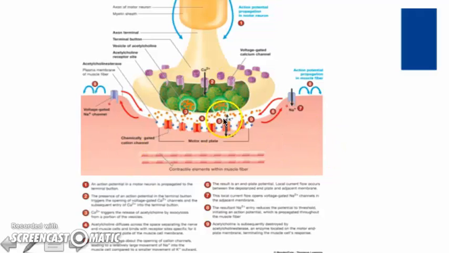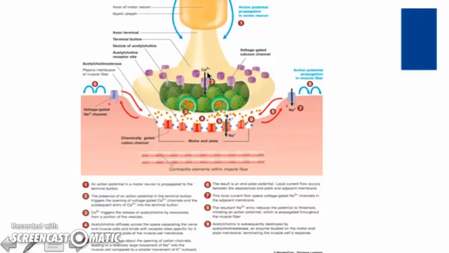The reason that sodium can rush into the cell is because of the concentration gradient, with higher sodium outside the cell and lower sodium inside the cell, so it wants to go from high to low concentration. Just a little bit about this process, and we have seen this in previous slides, especially when discussing calcium and the role of calcium in this process.